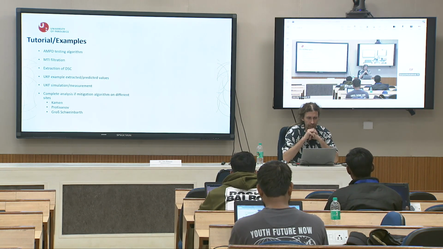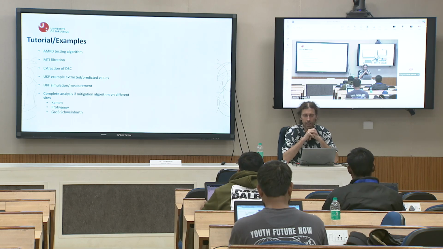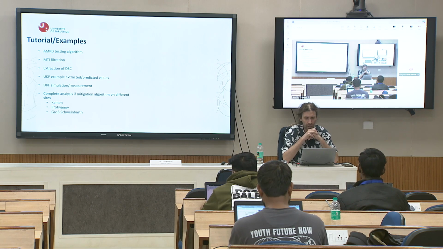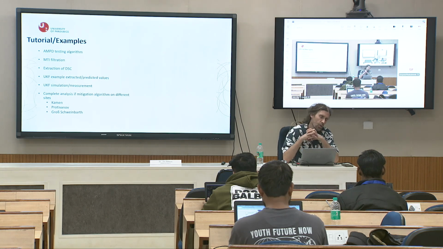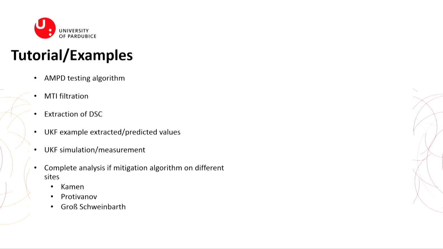First, this tutorial will exactly follow our mitigation chain. So we put all together to complete a practical chain for analysis of wind turbine based on microdoppler in real data. We start from raw spectrogram. We will go firstly through the AMPD testing algorithm.